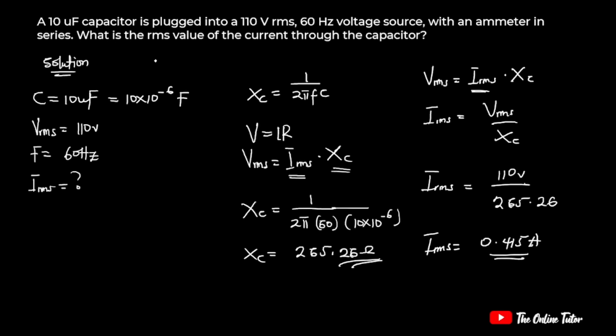So for this example, our root mean square current is 0.415.